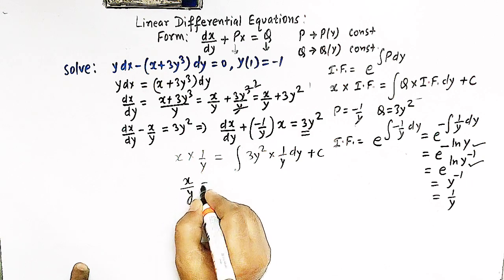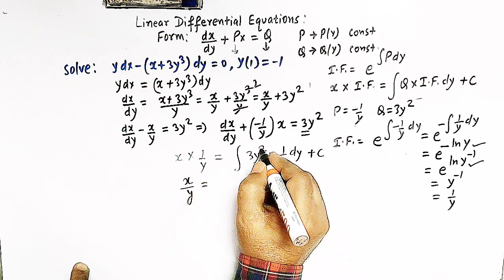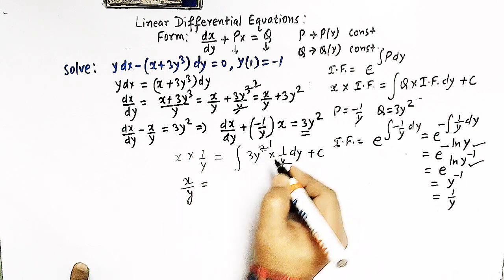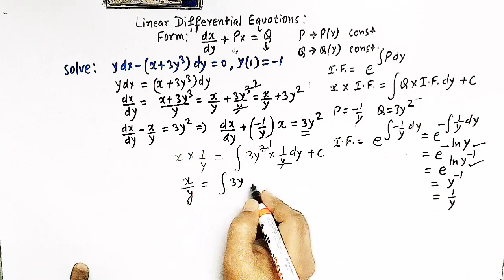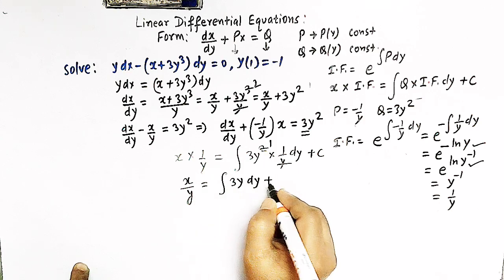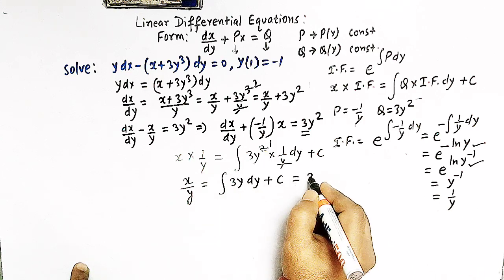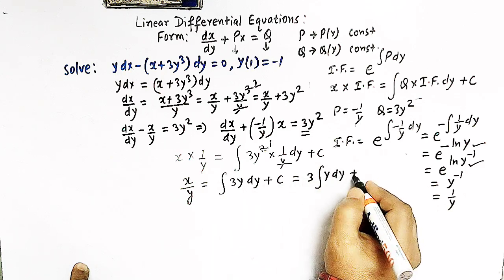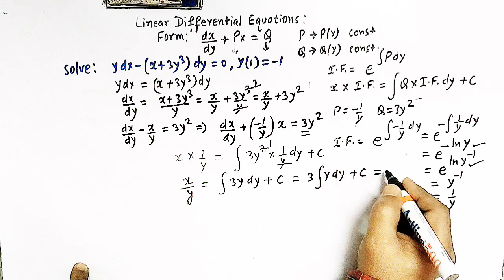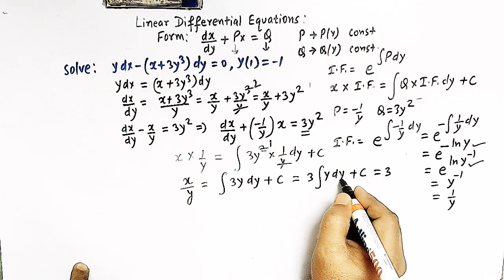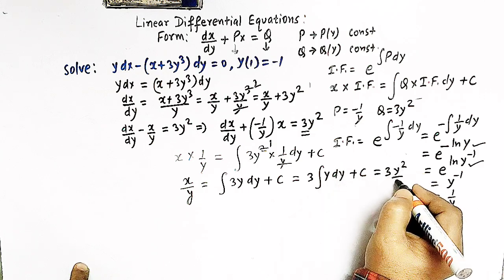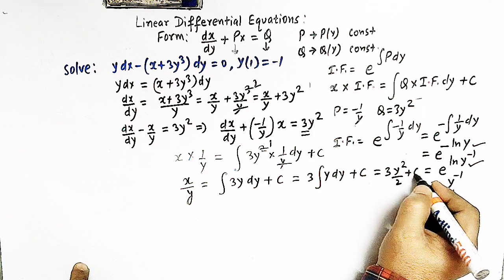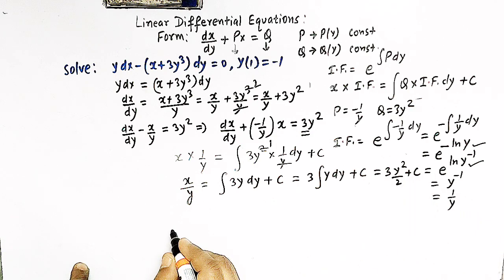So we have x over y, and here y and y get cancelled. So we have integral 3y dy plus c, that is 3 times the integral y dy plus c, and here the integral y dy is simply y square over 2.